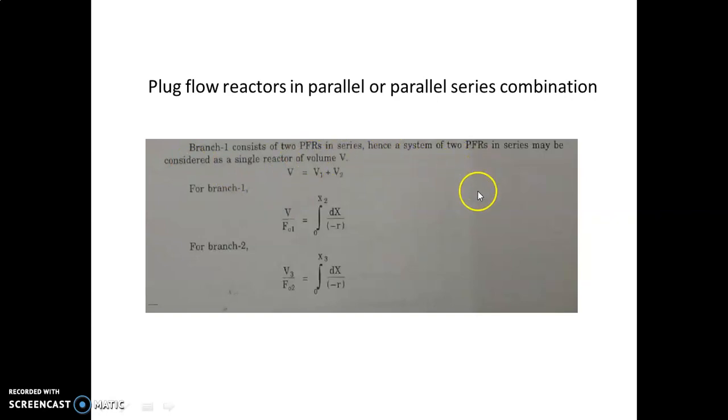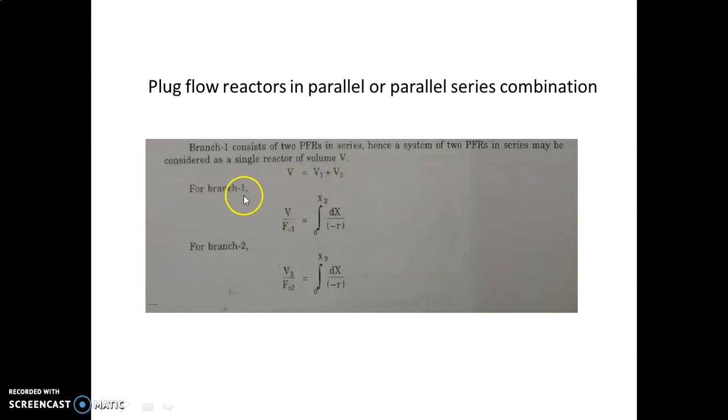Hence, a system of 2 plug flow reactors in series may be considered as a single reactor of volume V. In the previous video clip, we already discussed that when plug flow reactors are in series, they may be considered as a single reactor of volume V. For that purpose, we add the volume of the first reactor V1 and the volume of the second reactor V2, so we get the total volume V.